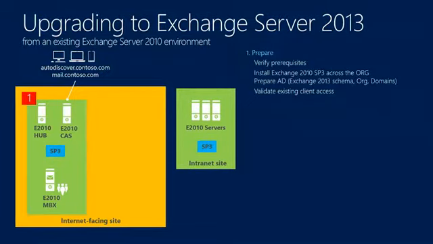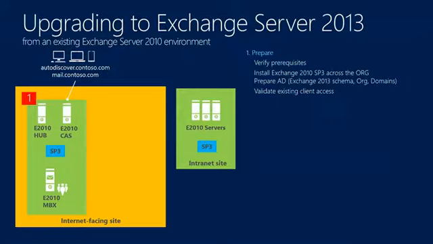So the process goes like this. First, you verify that your setup meets the prerequisites. That may mean installing some extra software in your environment to get ready for the upgrade. It's also going to be installing, at a minimum, the legacy service packs that are required for coexistence. And that includes your edge transport service as well, not just the internal server roles. And then you'll validate existing client access.